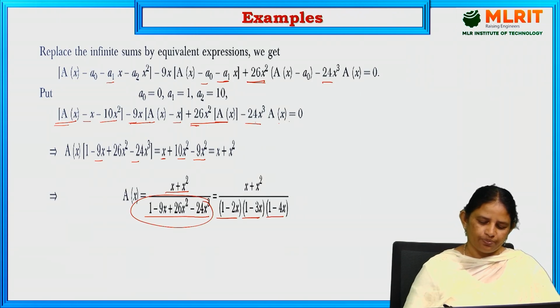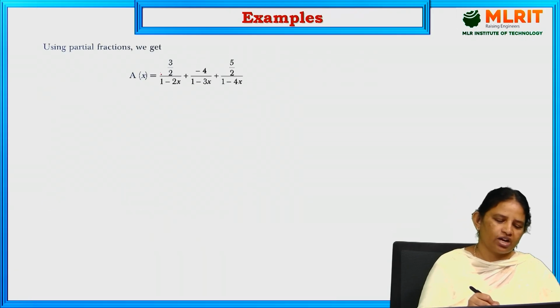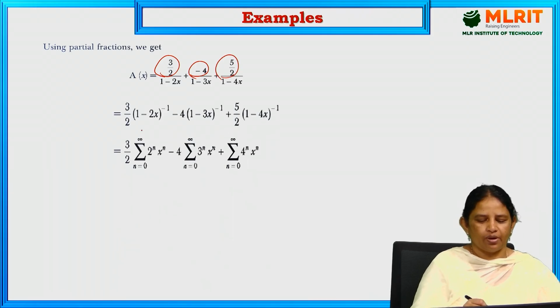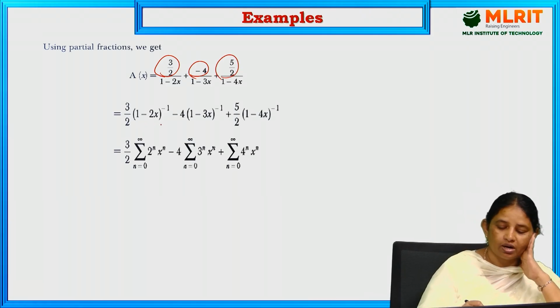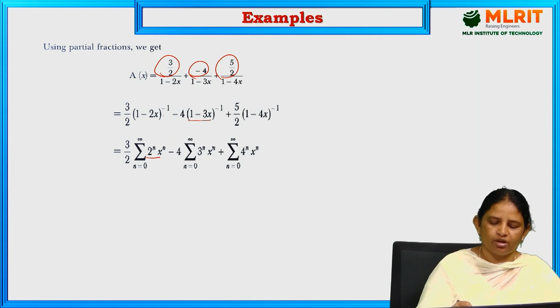That is, C1, C2, C3 values are substituted. We'll get the first fraction as 3 by 2, second fraction as minus 4, third fraction as 5 by 2. So 3 by 2 into 1 by 1 minus 2x whole power minus 1, that is 2 power n x power n. Minus 4 into 1 by 1 minus 3x, that is 3 power n x to the power of n.